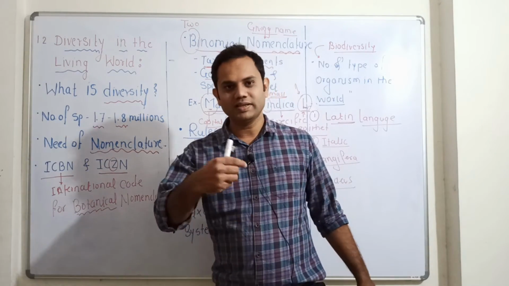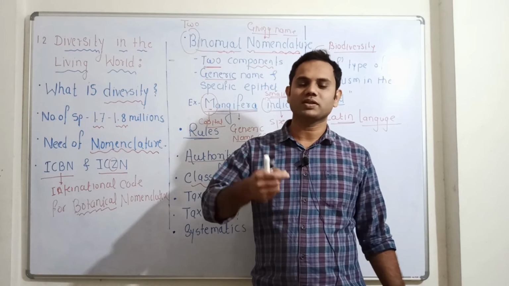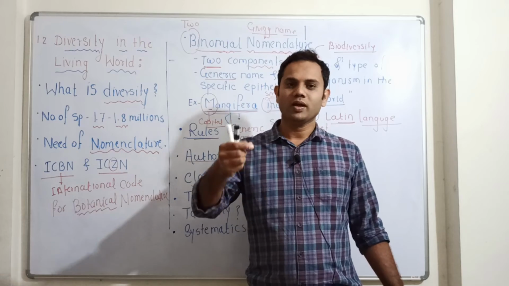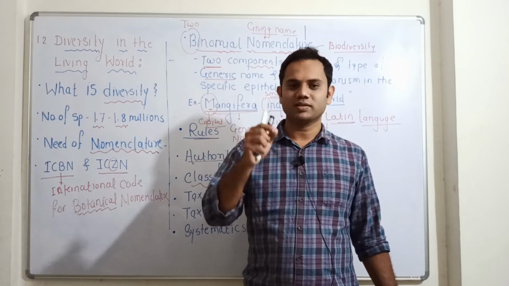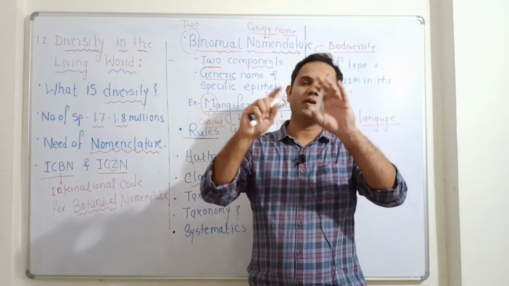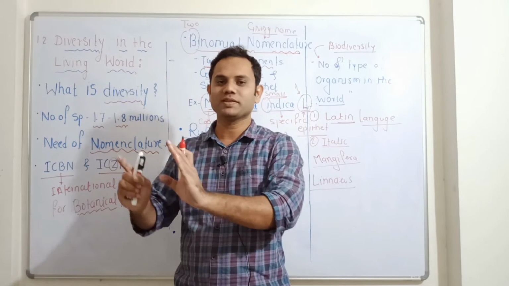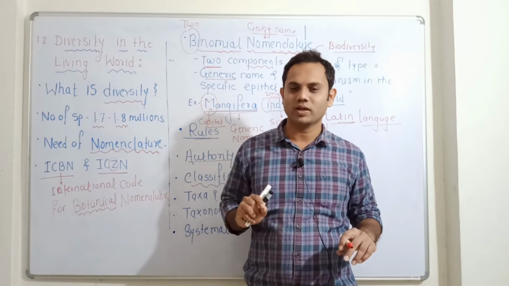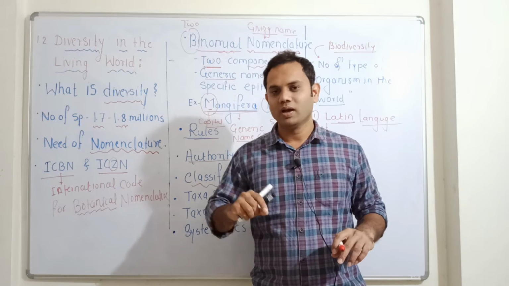There is a need to classify organisms, because until and unless you classify them properly, you will not be able to study them. For example, if you go to a library, you will see that different books are arranged at different places: class 11 books at one place, class 12 books at another, physics books at another place.